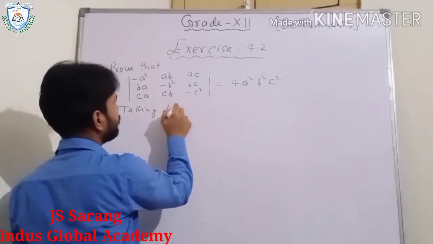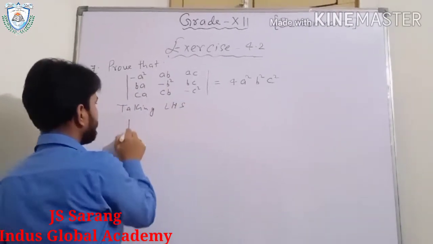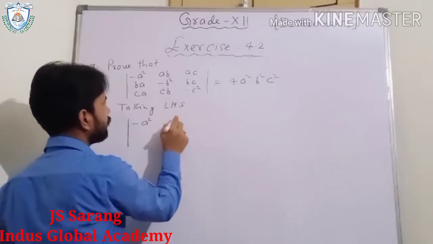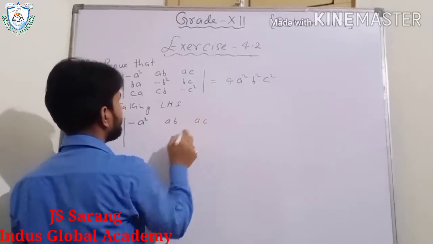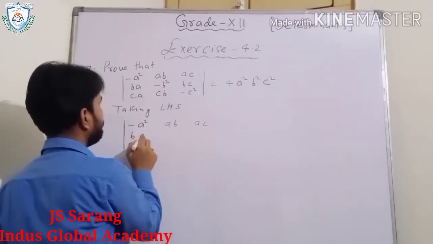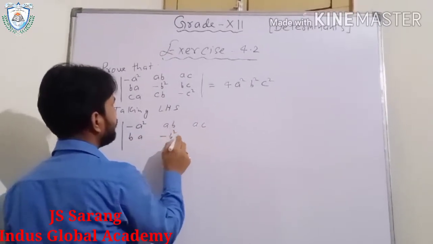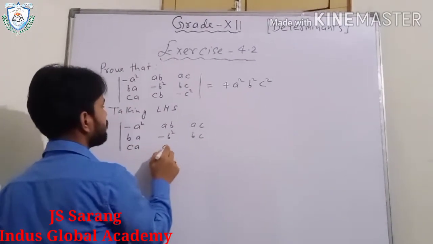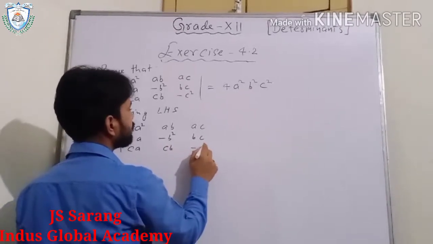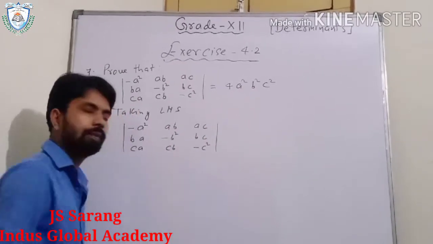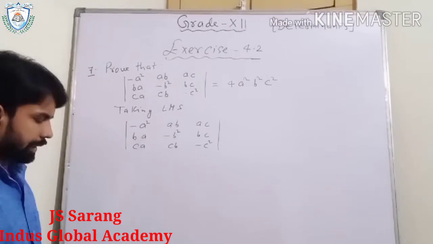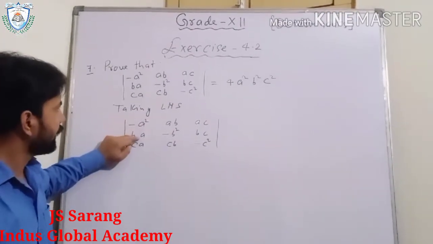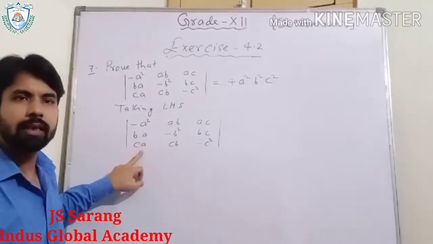Taking left hand side. This is the determinant: minus a square, ab, ac; ba, minus b square, bc; ca, cb and minus c square. Clear? Now see, a square is present here, a is present here, a is present here.